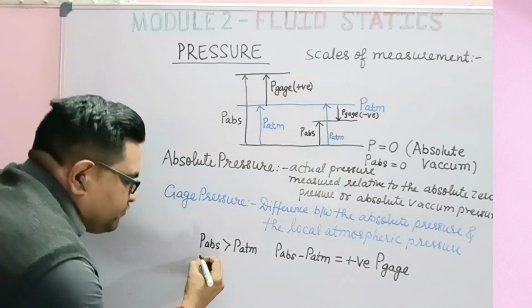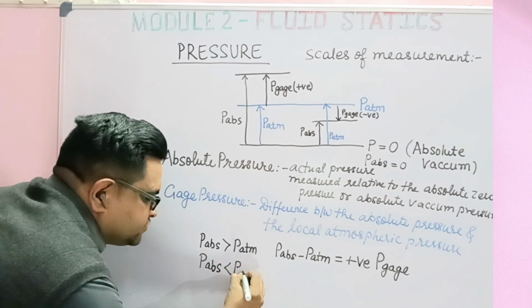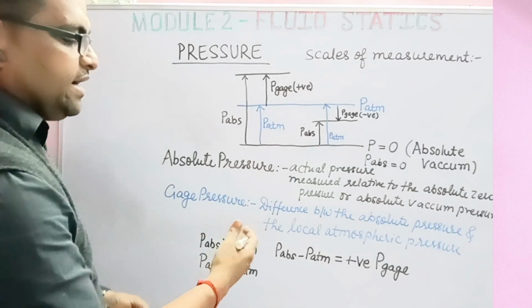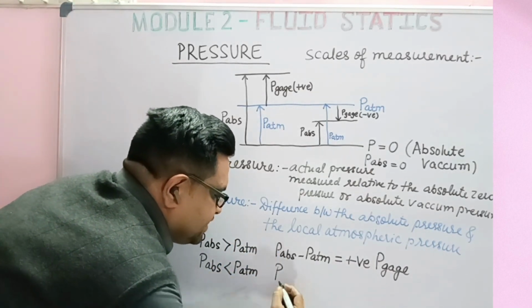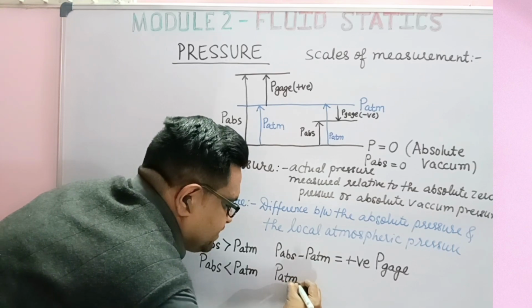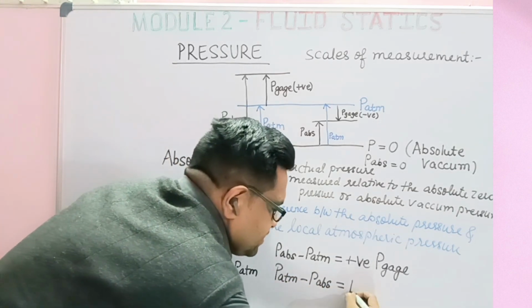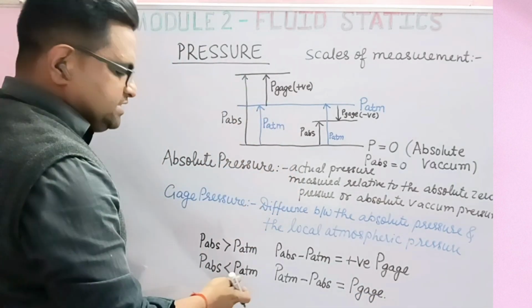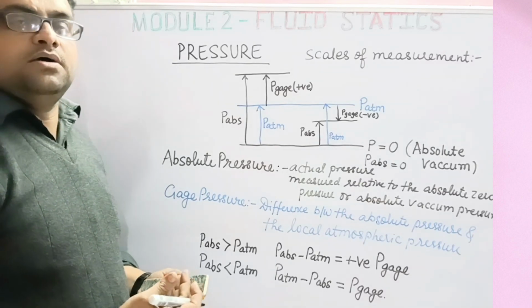Secondly, when we have P absolute less than P atmospheric, we would get a negative value. So in that case, P atmospheric minus P absolute will be the P gauge. This is the negative gauge pressure, and it is also known as the vacuum pressure.